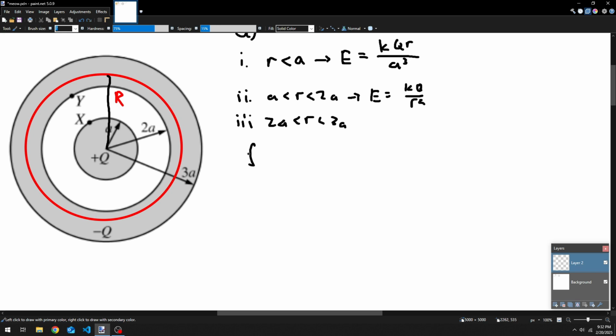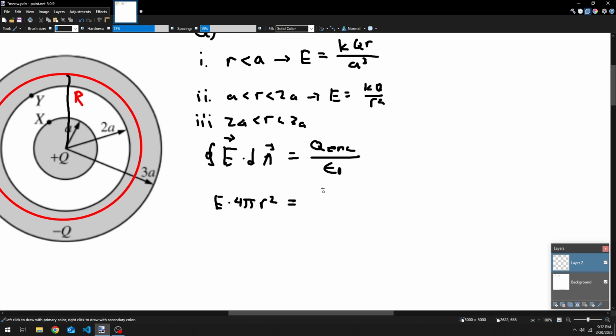We will write down every time we do this, E times 4 pi r squared, the surface area, equals Q enclosed over epsilon naught, so the surface area times E equals Q enclosed.